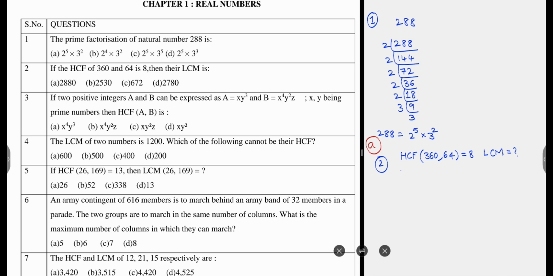We have a concept called HCF into LCM is equal to the product of two numbers.